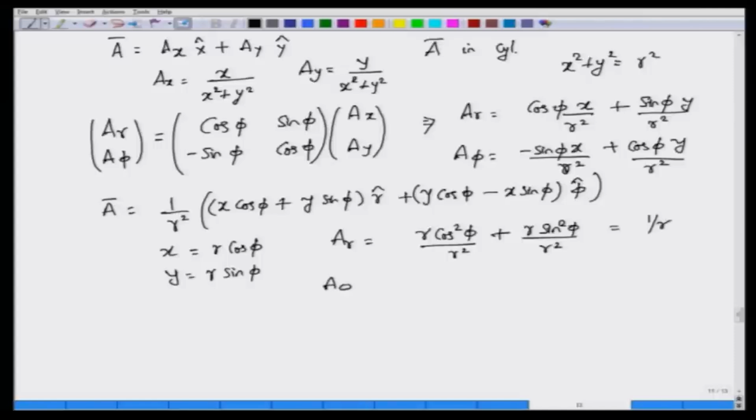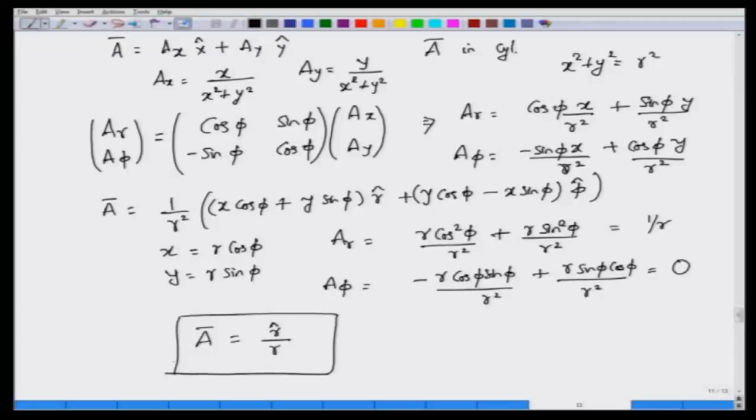And A phi is equal to minus x, which is nothing but r cos phi, so I have minus r cos phi sin phi by r square plus y, which is r sin phi cos phi by r square, which is equal to a big 0. So, the vector A in the cylindrical coordinate system is simply given by r hat divided by r.